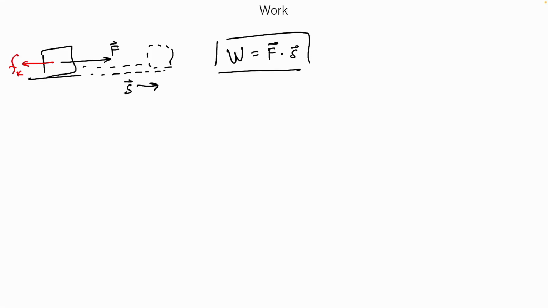Make it stop moving. When the force and the displacement are in opposite directions, that work is defined as negative. Positive work, when force and displacement are in the same direction. Negative, when force and displacement are opposing each other. And we haven't even gotten into the normal force and gravity. Oh my gosh, this is getting worse.